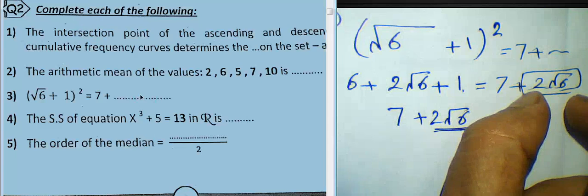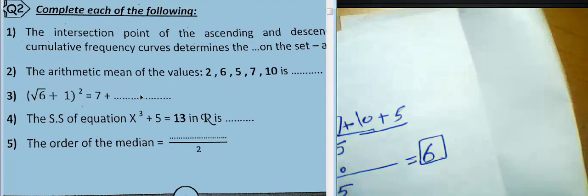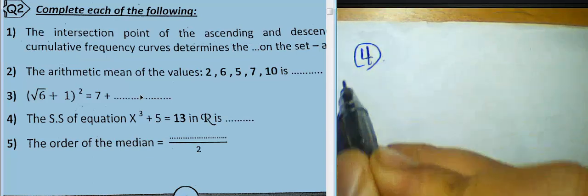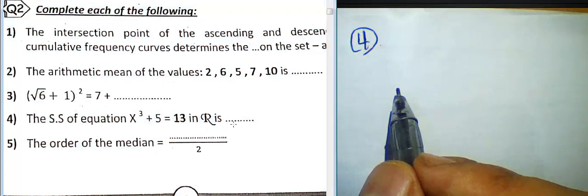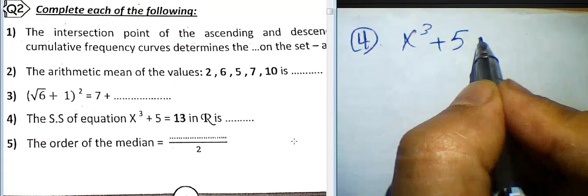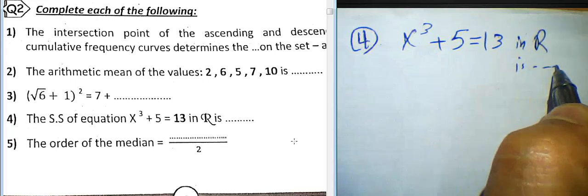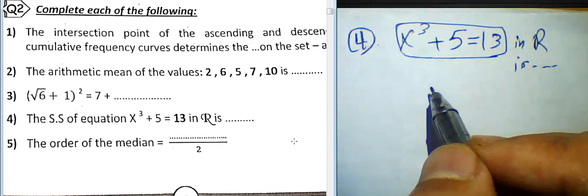Understood? Okay, question number 4. The solution set of the equation x to the power 3 plus 5 equals 13 in R is. He asked about what? The solution set of this equation.